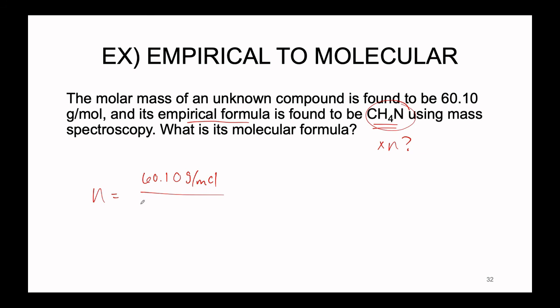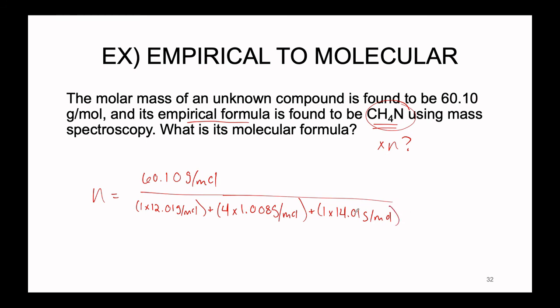So in the empirical formula, there is one single carbon with a mass of 12.01 grams per mole. There are 4 hydrogens, each with a mass of 1.008 grams per mole. And our nitrogen, just one of them, with its mass of 14.01 grams per mole.